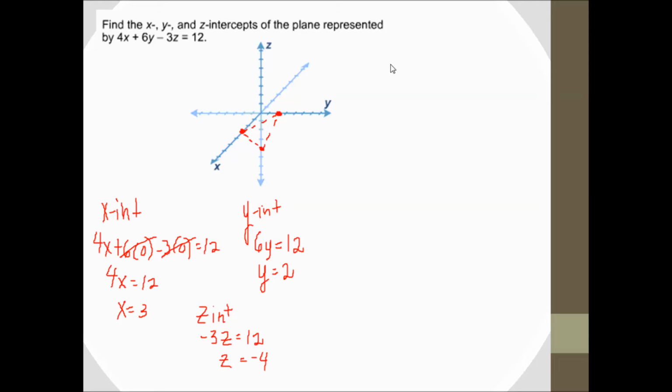That plane is the plane that intersects all 3 axes. So anytime we have 3 intercepts, we have a plane that's going to intersect all 3 axes. Now, I want to know what the equation for this line, and this line are.